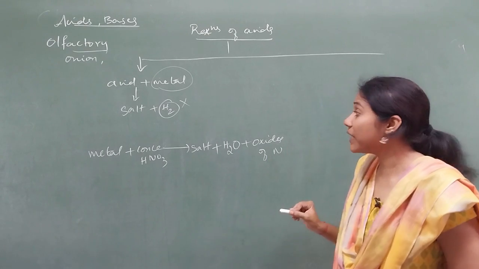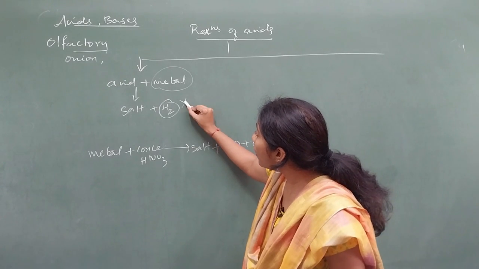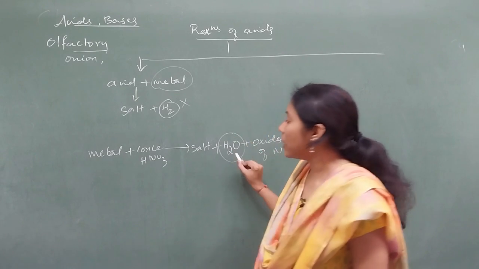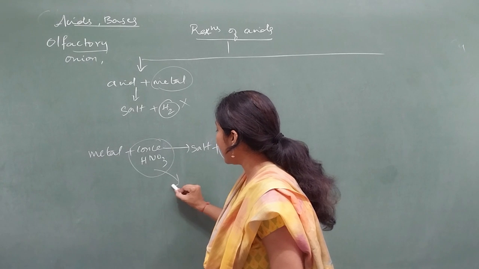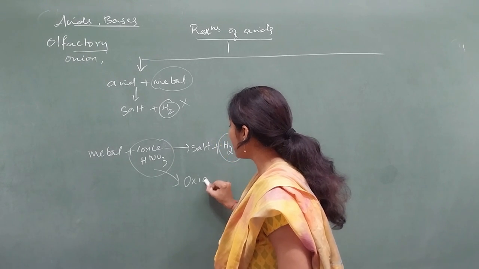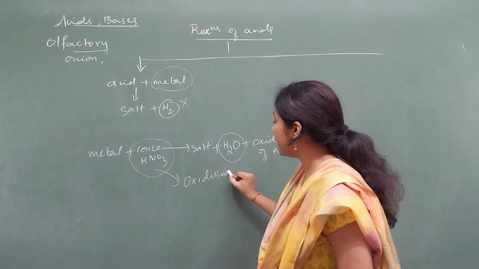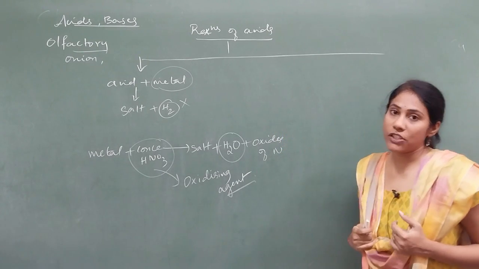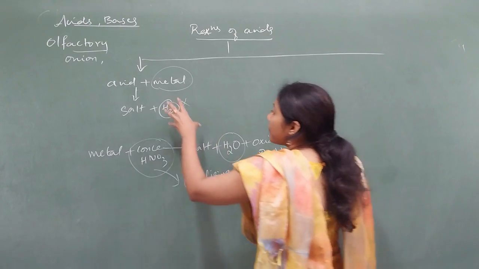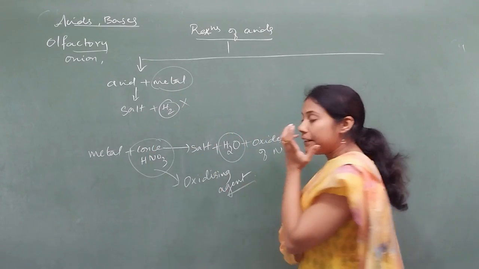They will ask you why you do not get hydrogen, and why you get water. Because concentrated nitric acid is the best oxidizing agent. That is the reason that instead of hydrogen, you get water.